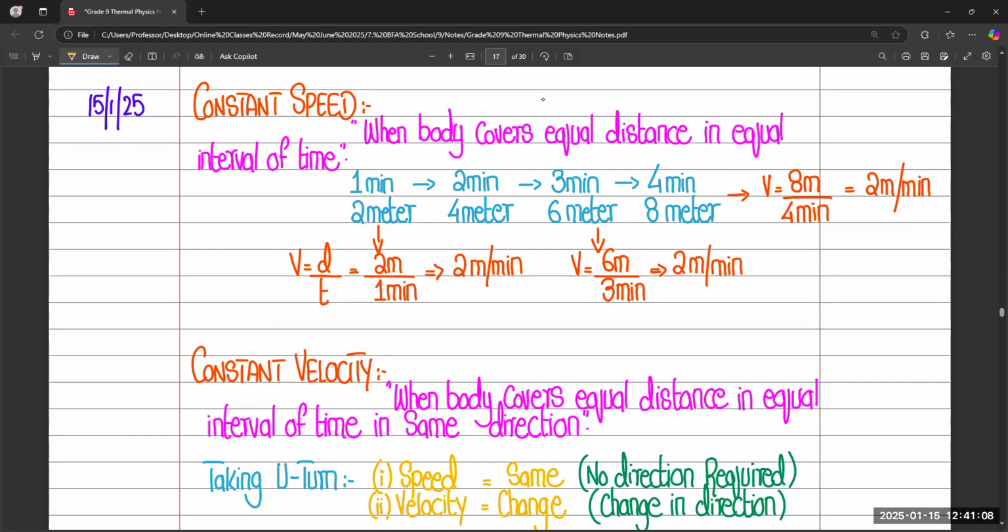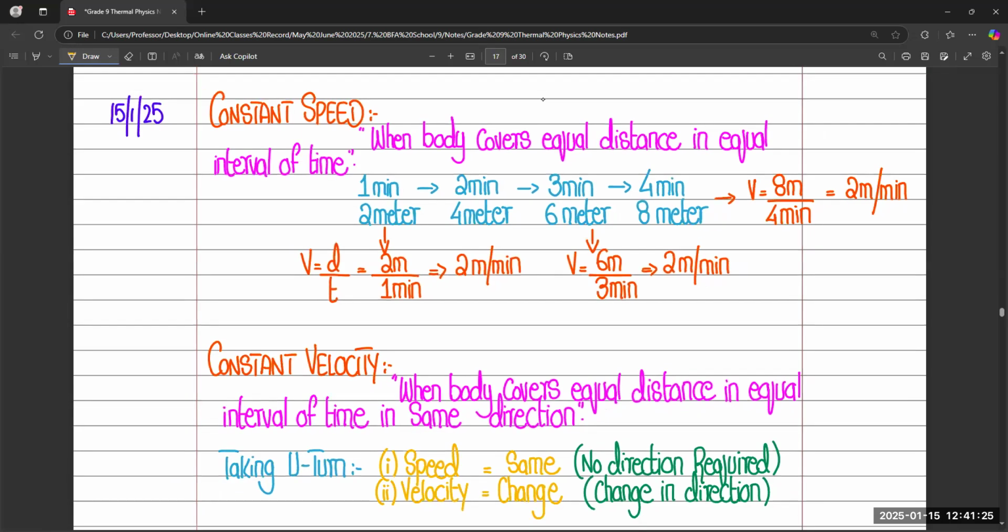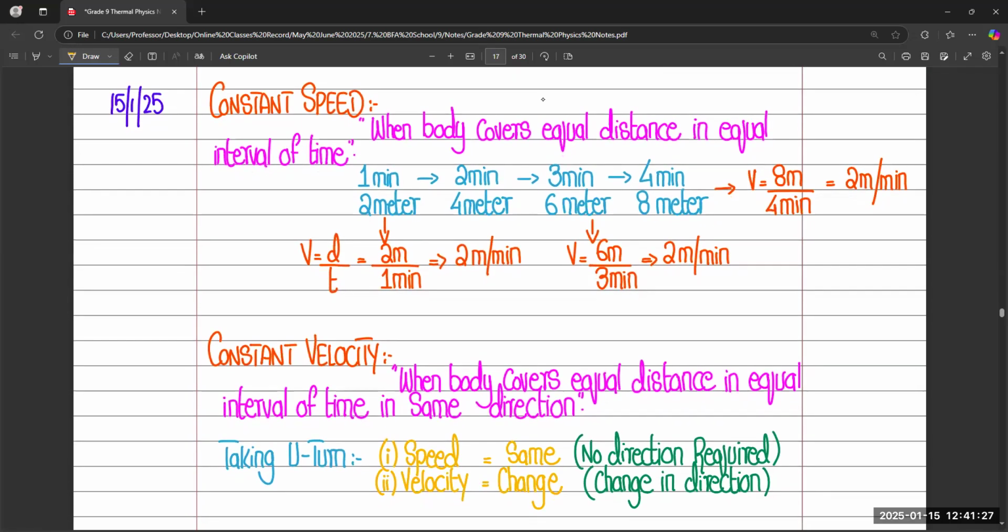The concept of the rate of velocity. Done?